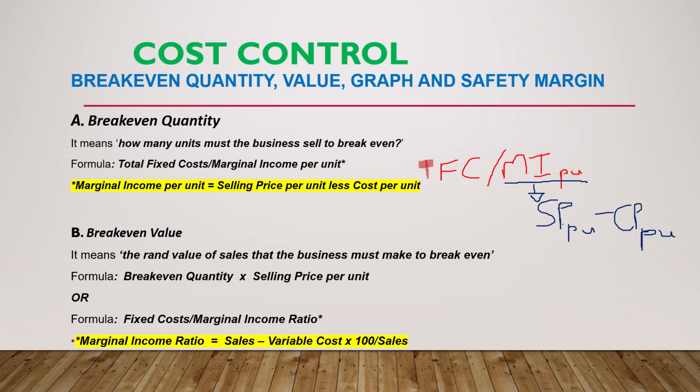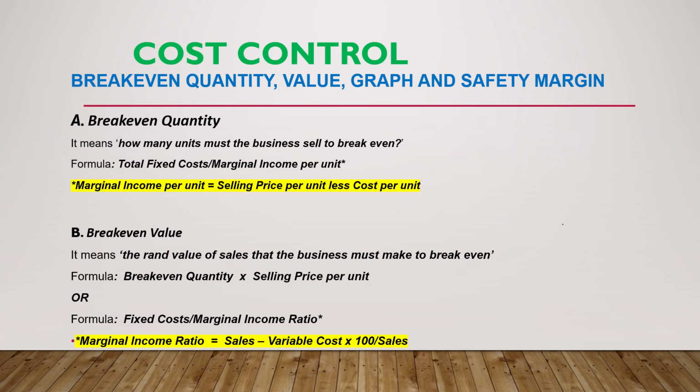Right? So you know how to calculate your break-even quantity, and then you go to your break-even value. So that simply means when we sell that break-even quantity, in our example, let's say it's 20,000, you are not going to make any profit, you are not going to make any loss.